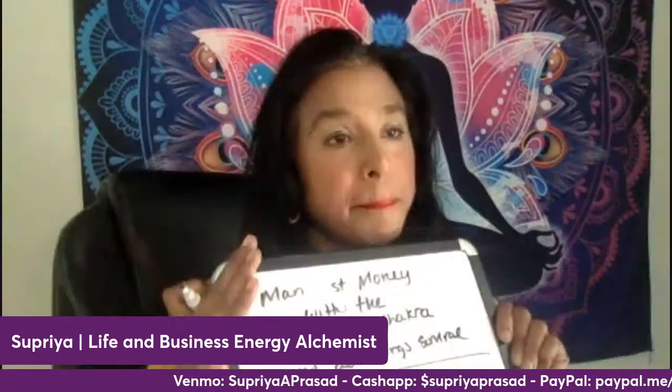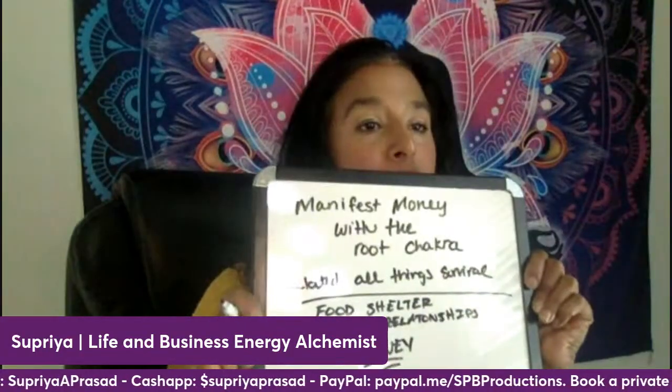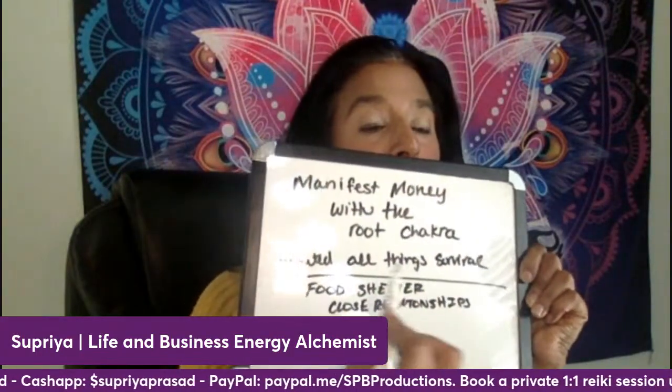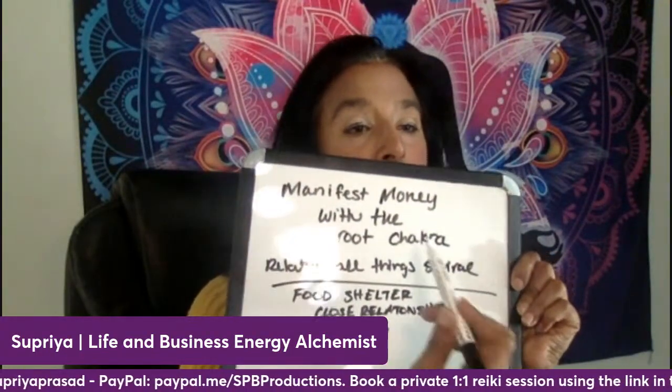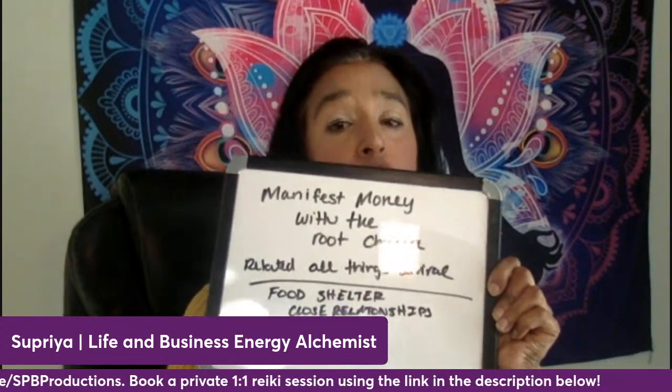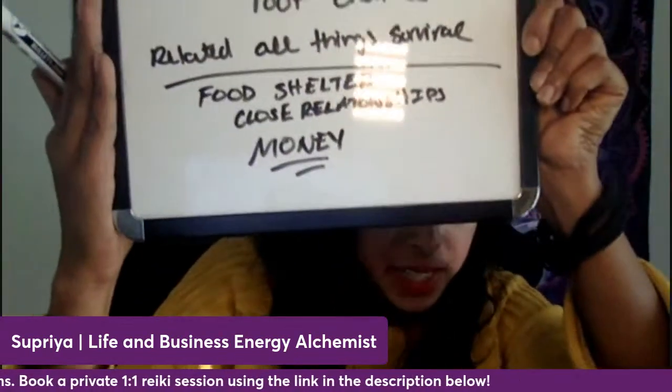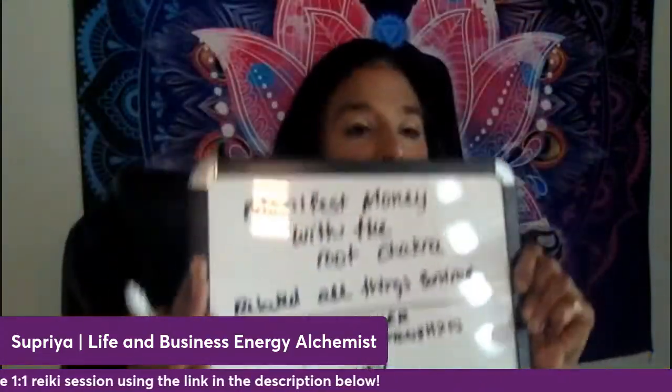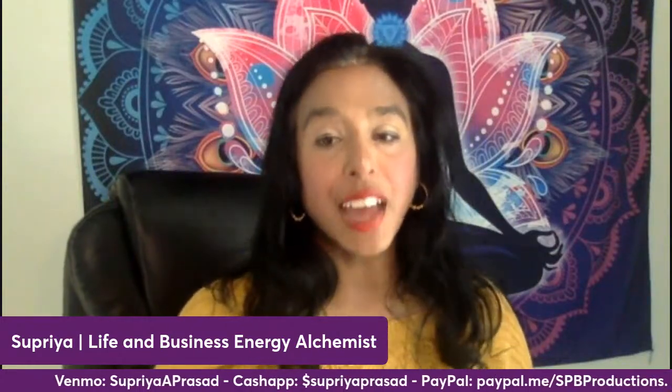Okay? That's the big one, money. Root chakra is related to all things survival. Food, shelter, close relationships, money. Money, money, money, money, money. That's the biggest one. So whenever I read, yes, I read chakras and people, that is what I see. I see a lot of people struggling with that.